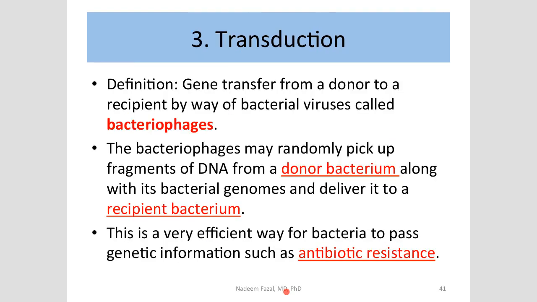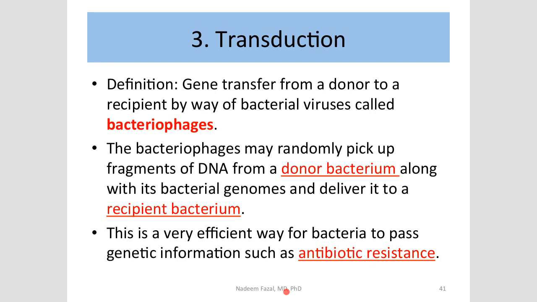Lastly, easy for you to understand, is gene transfer by transduction. I already explained this to you. A virus goes and infects the bacteria with all its genome. It puts in the genome that it brought from another bacteria's plasmid, which carried the antibiotic resistance, into this bacteria.